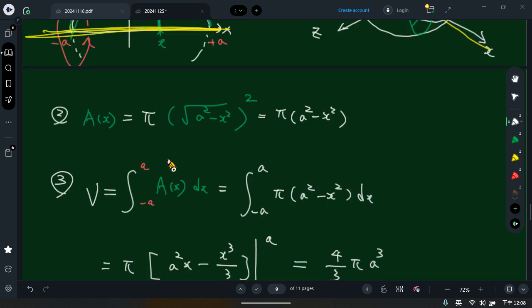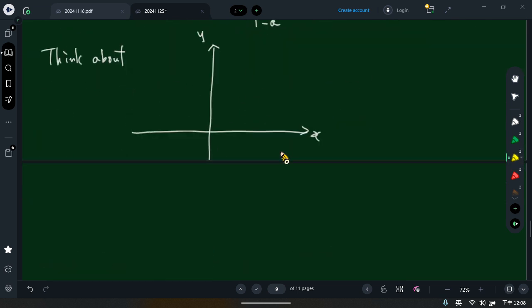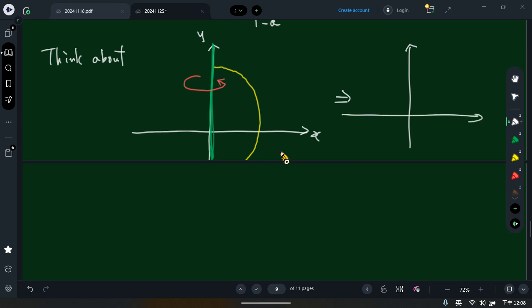In the previous one we just focused on this part, but can we do it in a similar way like this? And also use this rotation axis, then rotate it. So the shape is still a ball, right? The result is still a ball.